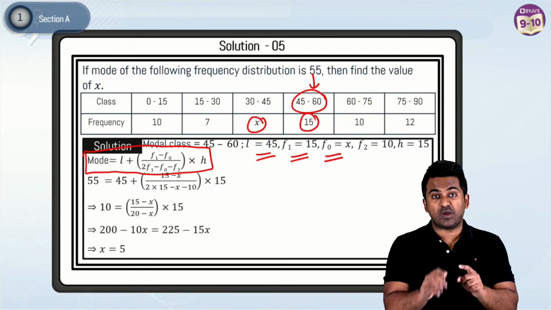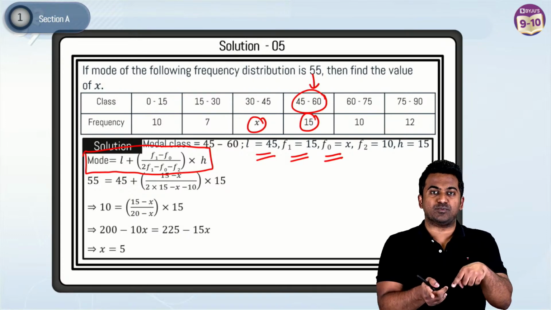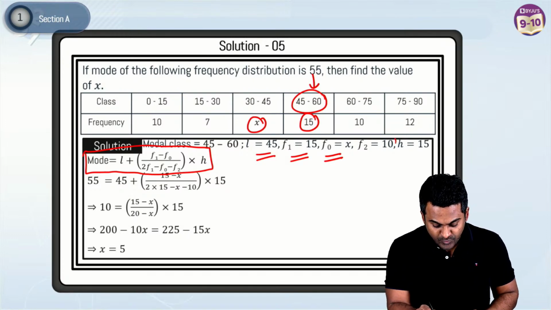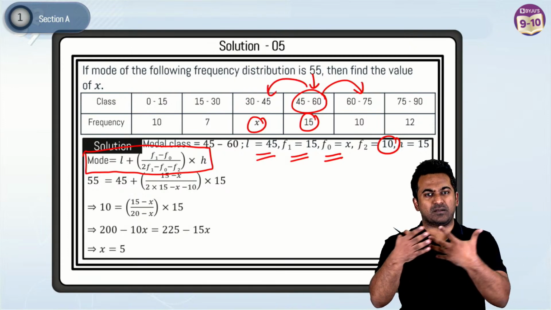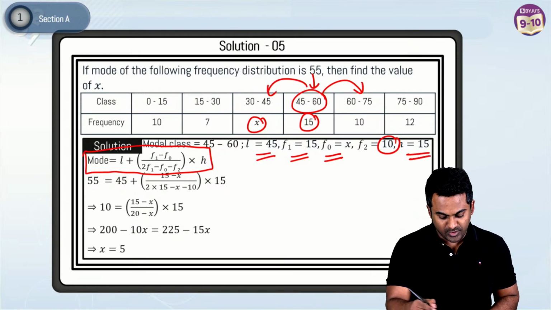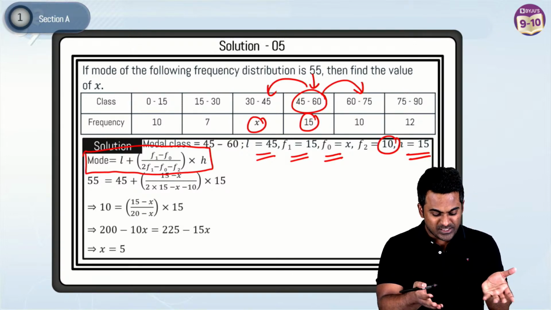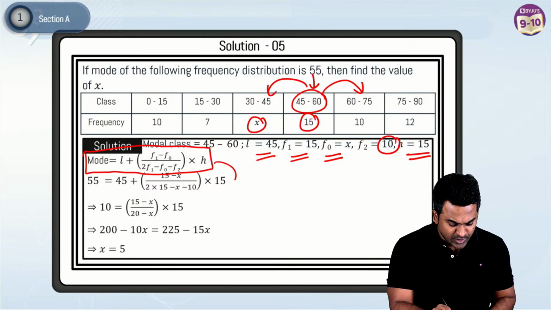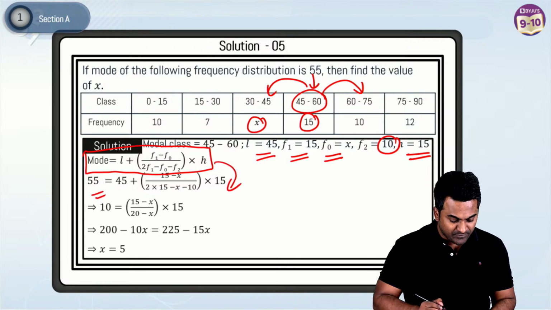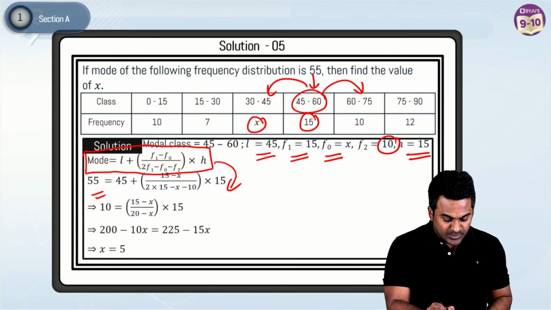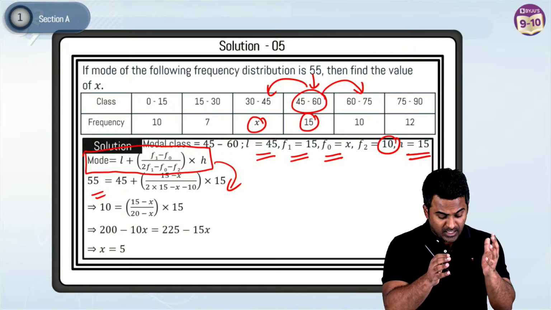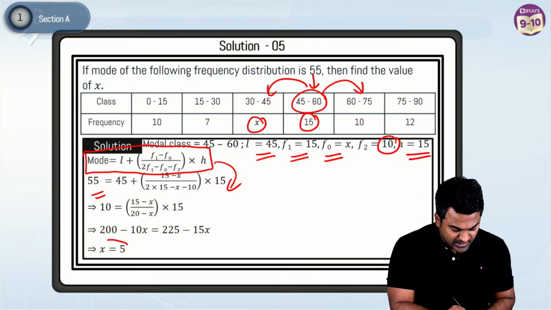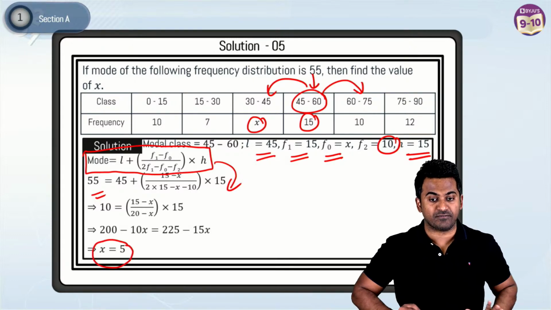F0, the frequency of the class preceding, which means which comes before the modal class. F2, the frequency of the interval that comes after the modal class. H is the class width, which is 75 minus 60, or 60 minus 45, whichever way it is, 15, the same. Substitute all of these values here. The mode is given. You've been asked to figure out this X, which is F naught. Carefully do your calculations without making mistakes, and the answer should come around as 5.